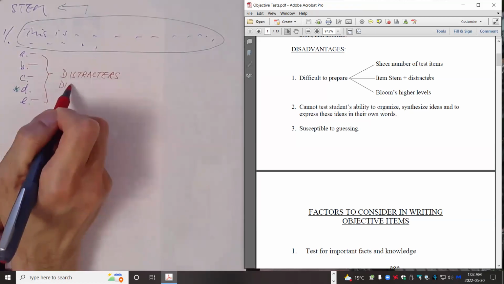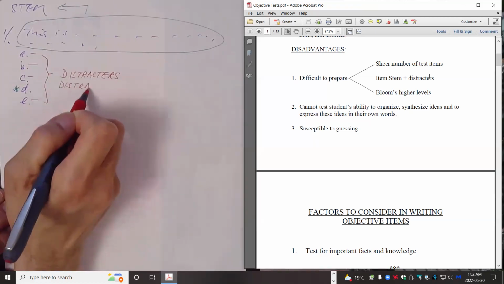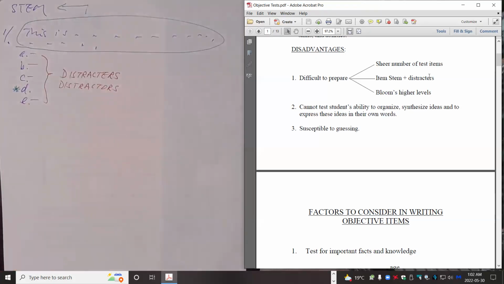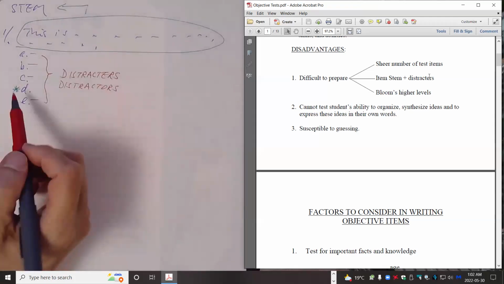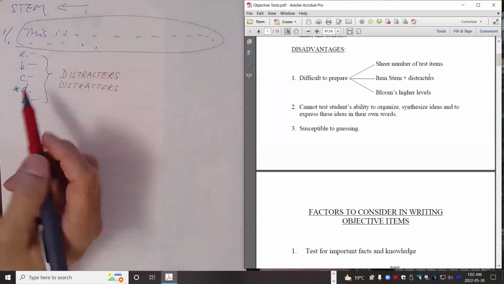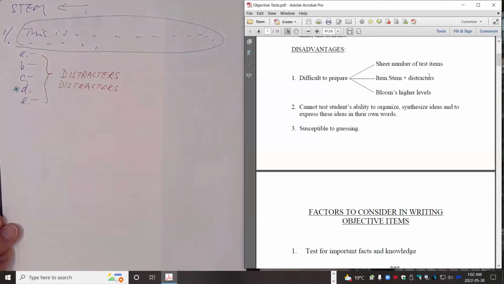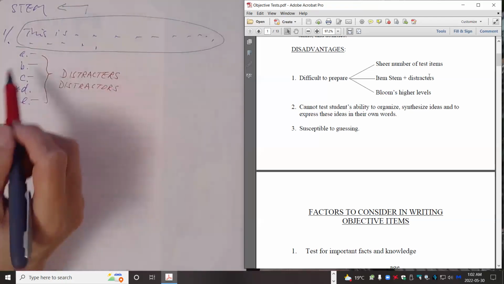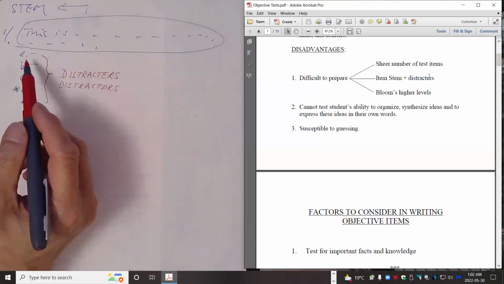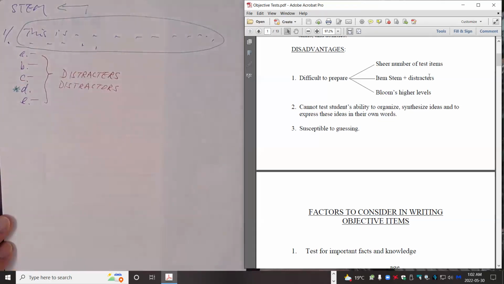In some books they spell it differently. Distractors are incorrect alternatives. The item writer must know the correct answer. In a 5-choice multiple choice, there are 4 distractors.